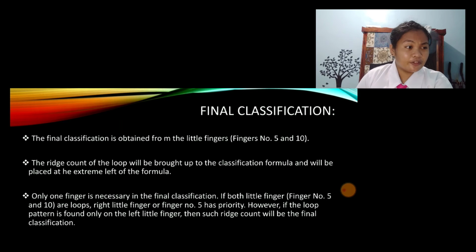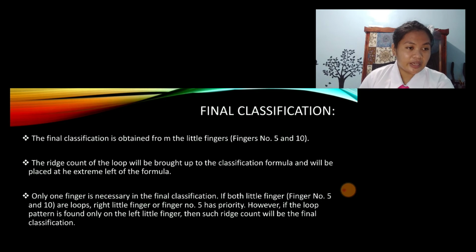If both little fingers number 5 and 10 are loops, the right little finger, or finger number 5, has priority. However, if the loop pattern is found only on the left finger, then such ridge count will be the final classification.